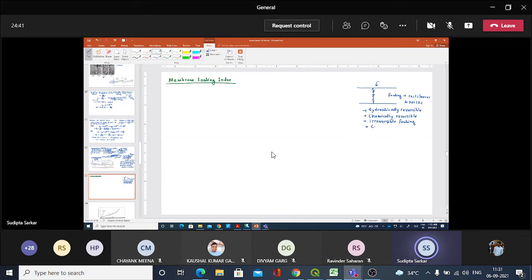There may be cake layer fouling, cake layer resistance, and then maybe pore constriction resistance. So there might be any number of resistances that we can think about, all different resistances, just as you see in your electric circuits, and we can say these are in series.